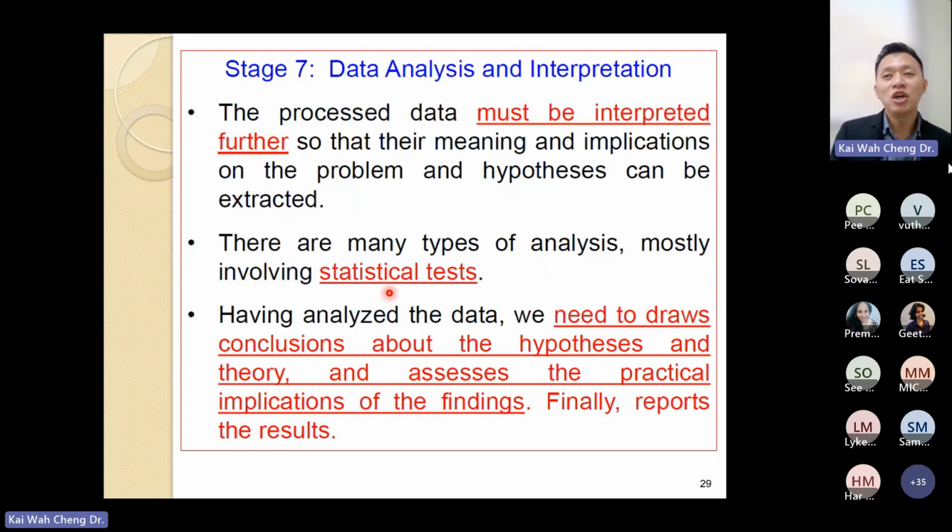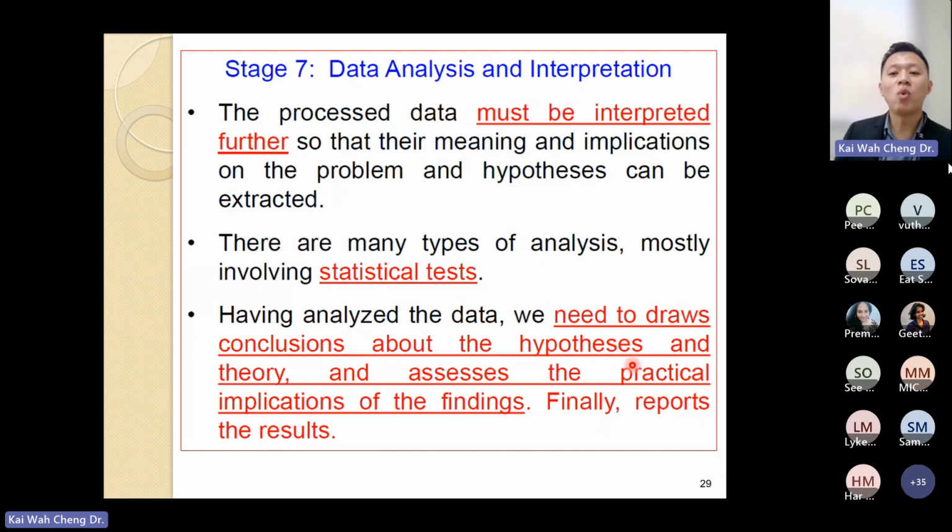Maybe you will conduct t-test, ANOVA, logistic regression, multiple regression, Spearman, what else? Pearson correlation. We have so many types of statistical analysis under research methodology. So how do you select the correct statistical analysis? It depends on your research hypothesis.